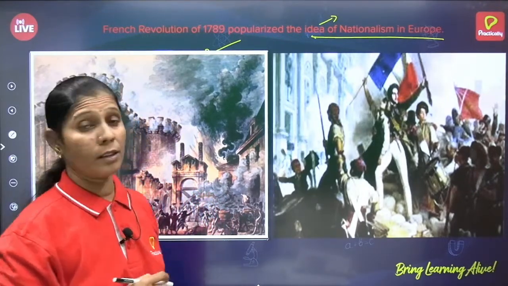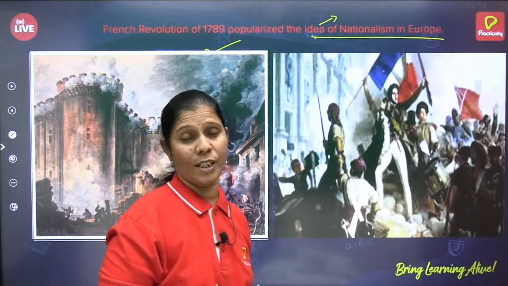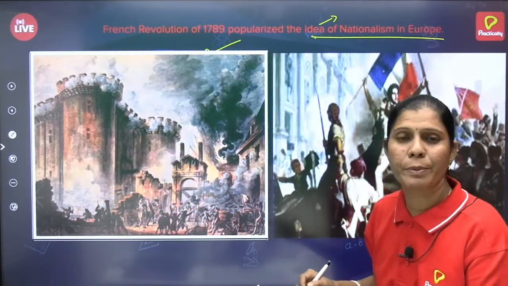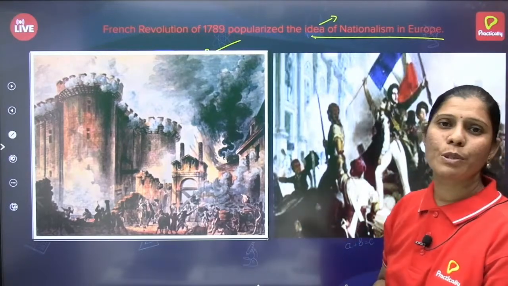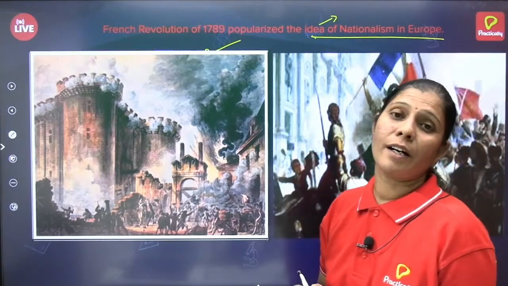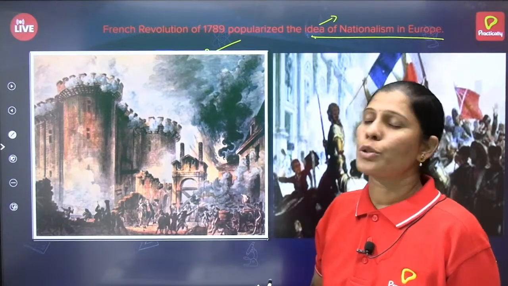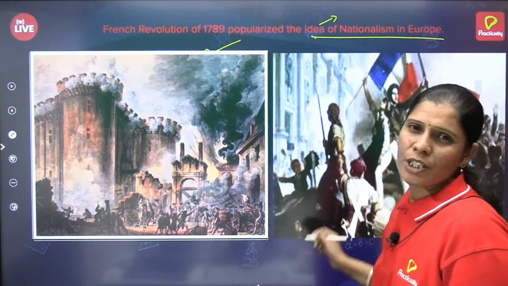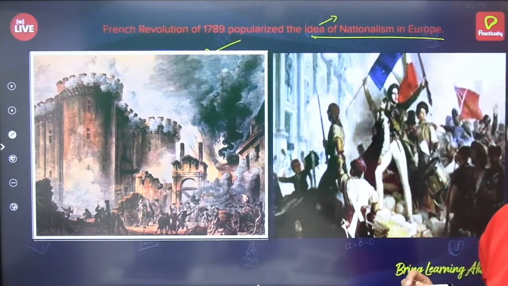Along with that, they started commemorating the people who sacrificed their lives for their nation in their struggles towards nation building. Like that, different ideologies were spread during this period of time.